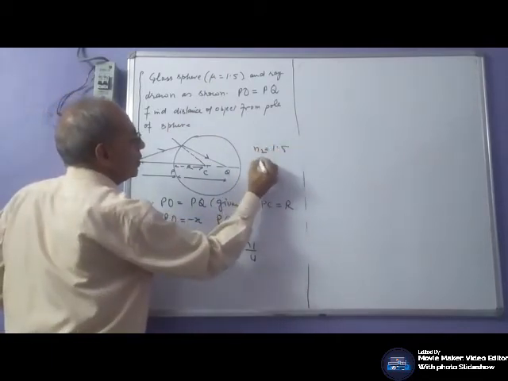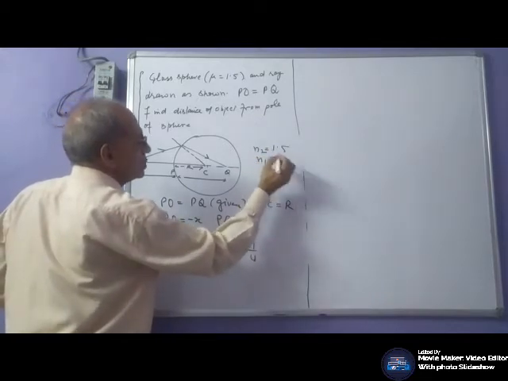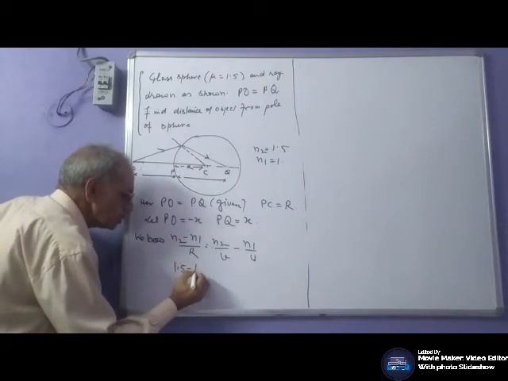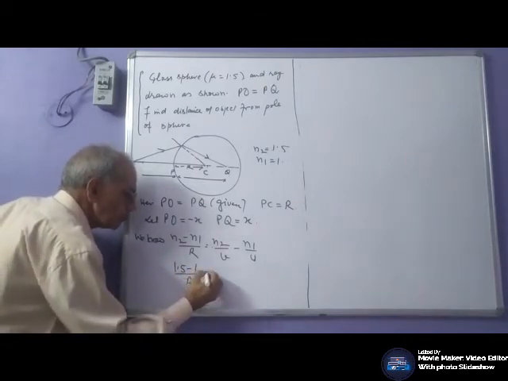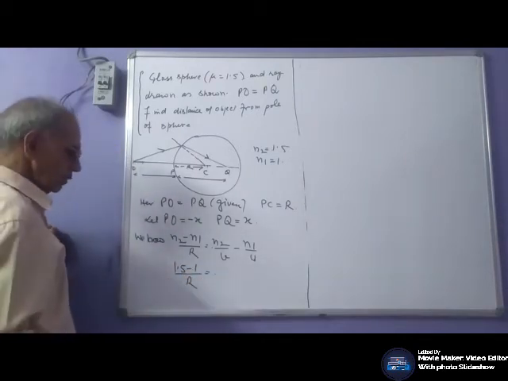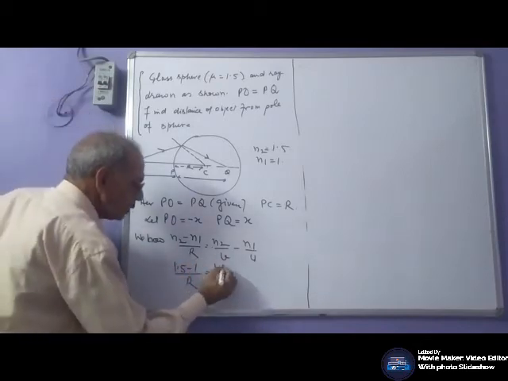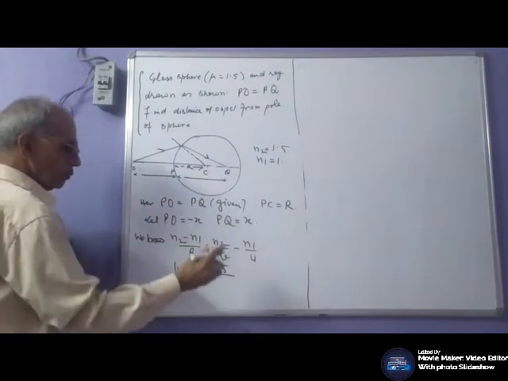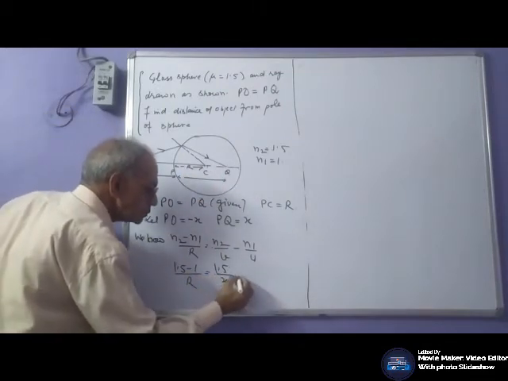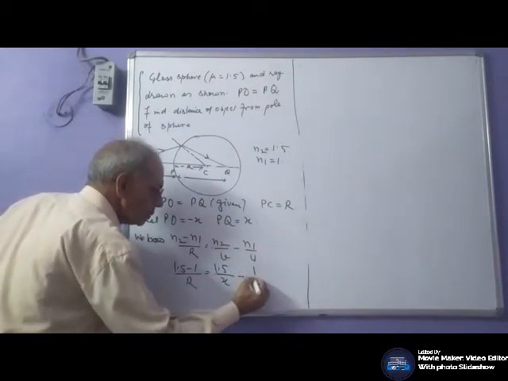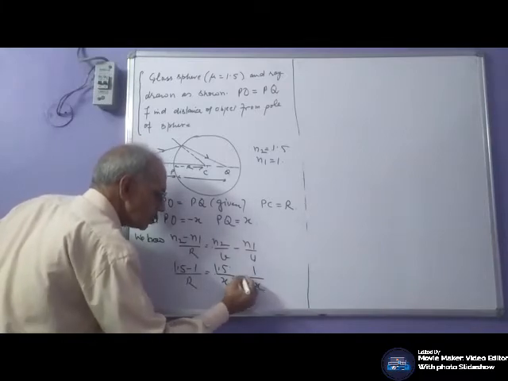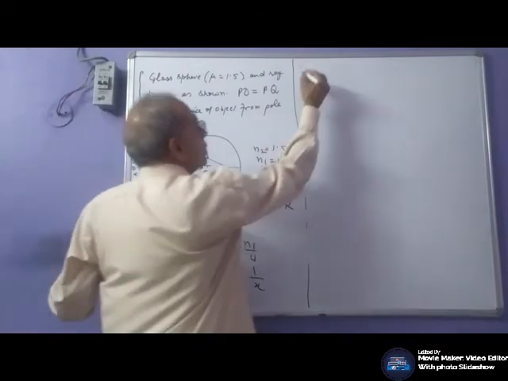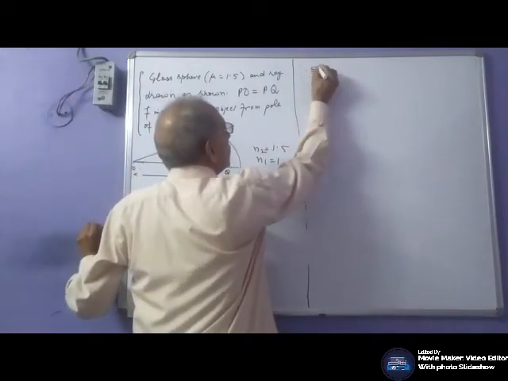N2 is 1.5, N1 is air, so 1. 1.5 minus 1 by R, N2 is 1.5 by V, V is this, plus X. Minus N1, 1 minus X, so it becomes plus 0.5 by R.